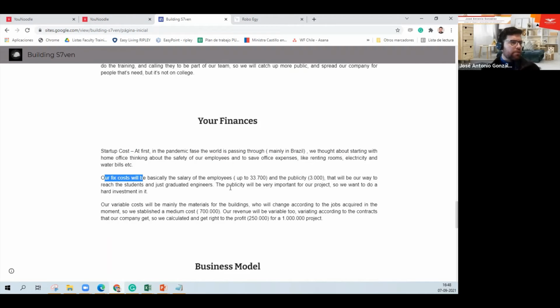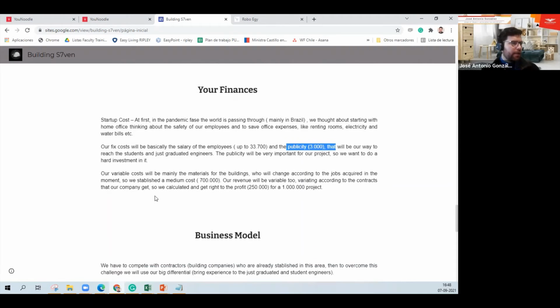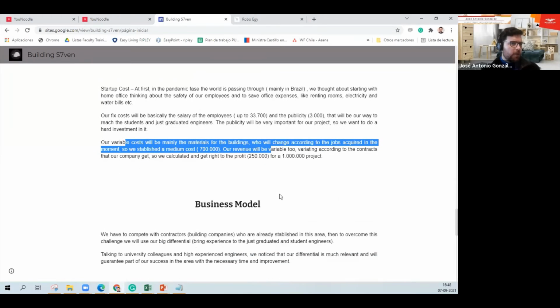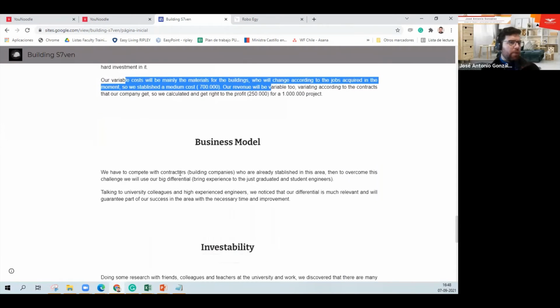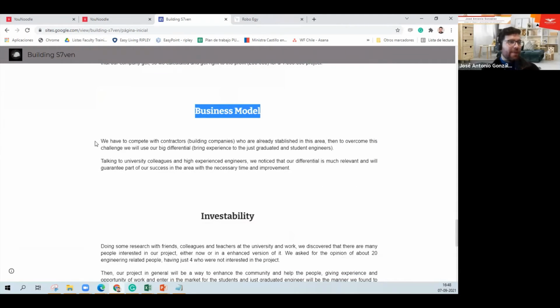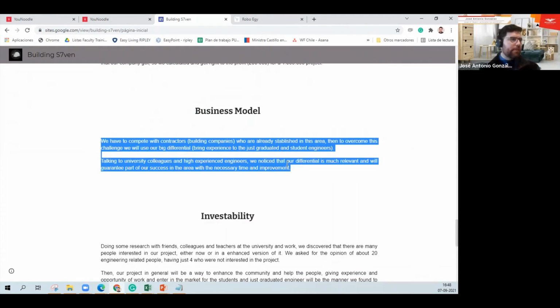Our fixed costs will be basically the salary of the employees, okay, marketing, all right, who will be according to the jobs required at the moment. Then the business model, okay, just this about the business model, please note.